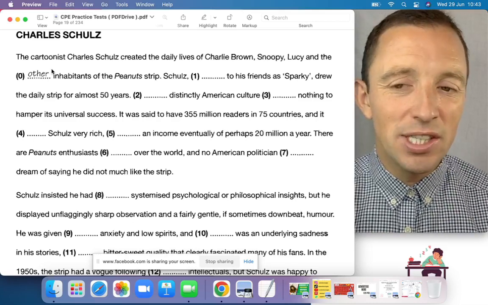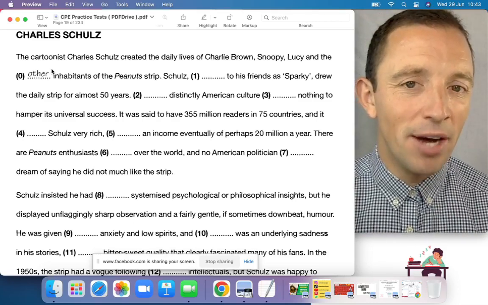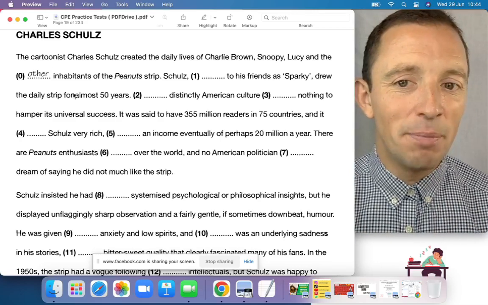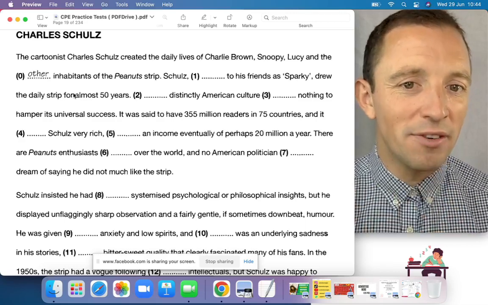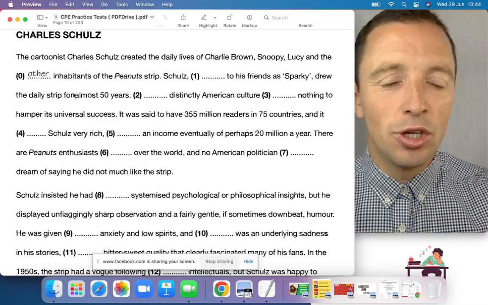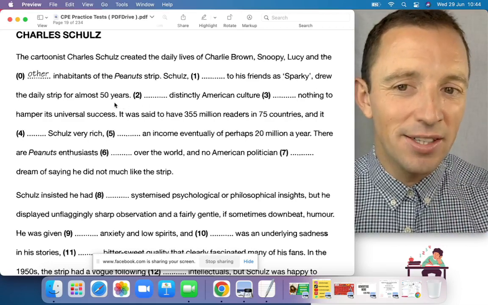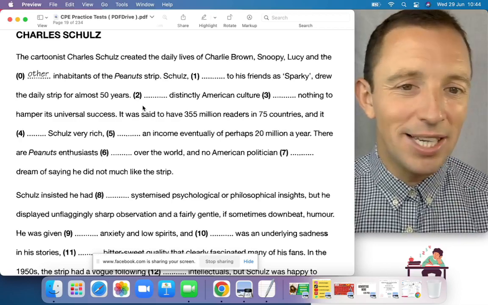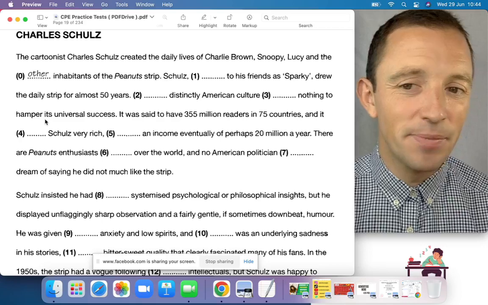The cartoonist Charles Schultz created the daily lives of Charlie Brown, Snoopy, Lucy, and the other inhabitants of the Peanuts strip. Schultz, something to his friends as Sparky, drew the daily strip for almost 50 years. Something distinctively American culture, nothing to hamper its universal success.